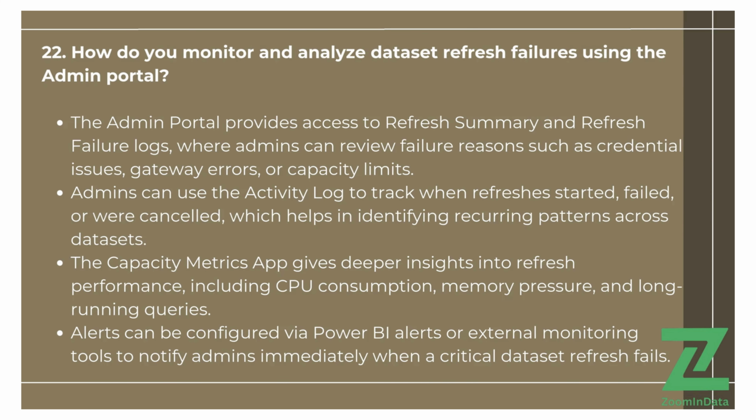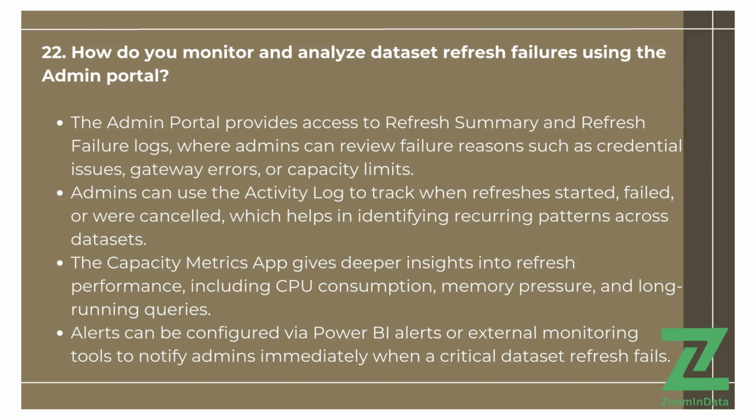22nd question. How do you monitor and analyze dataset refresh failures using the admin portal? The admin portal provides access to refresh summary and refresh failure logs, where admins can review failure reasons such as credential issues, gateway errors, or capacity limits. Admins can use the activity log to track when refreshes started, failed, or were cancelled, which helps in identifying recurring patterns across datasets.